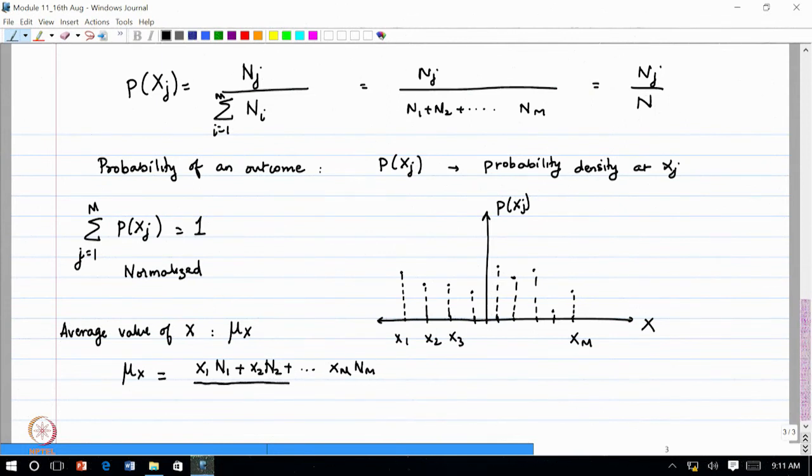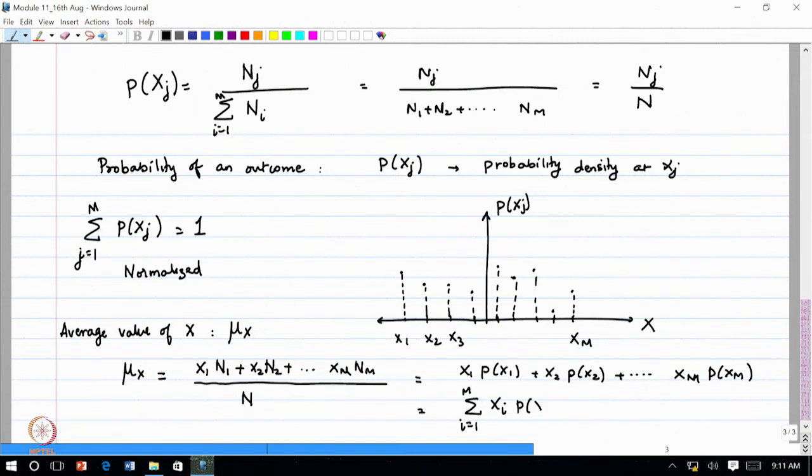So, this divided by n, and I can write this as x1 p of x1 plus x2 p of x2 ... xm p of xm, or I can write it as sum over i equal to 1 to m of xi p of xi.